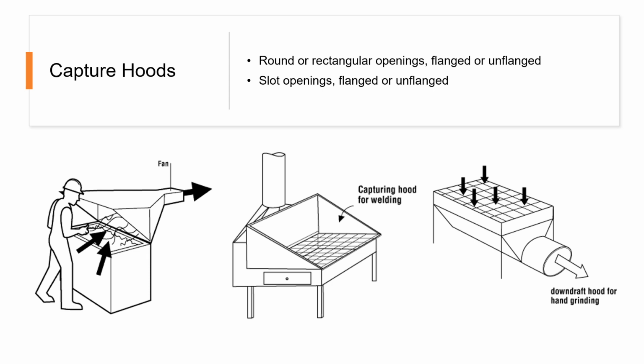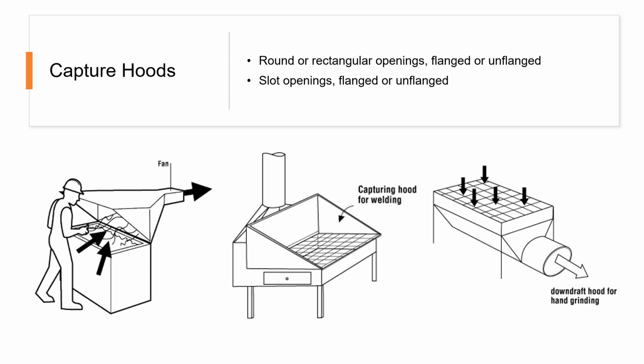You can do that. On the right here, there's a picture of a downdraft hood for hand grinding. So you can grind something over this and the dust from it is pulled down into the hood and then through the system.